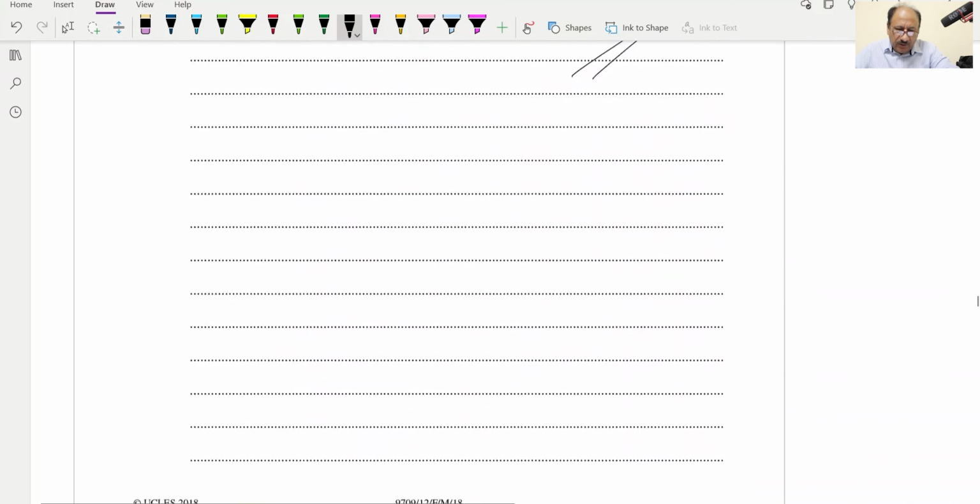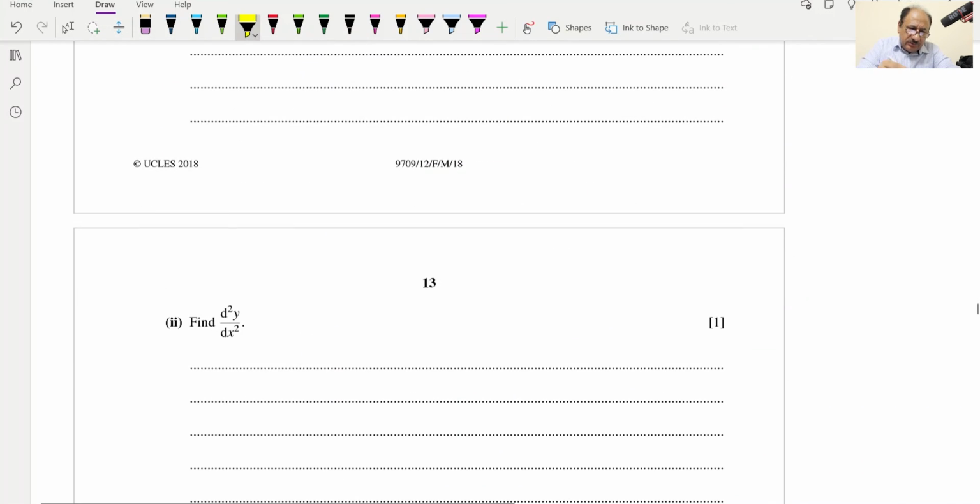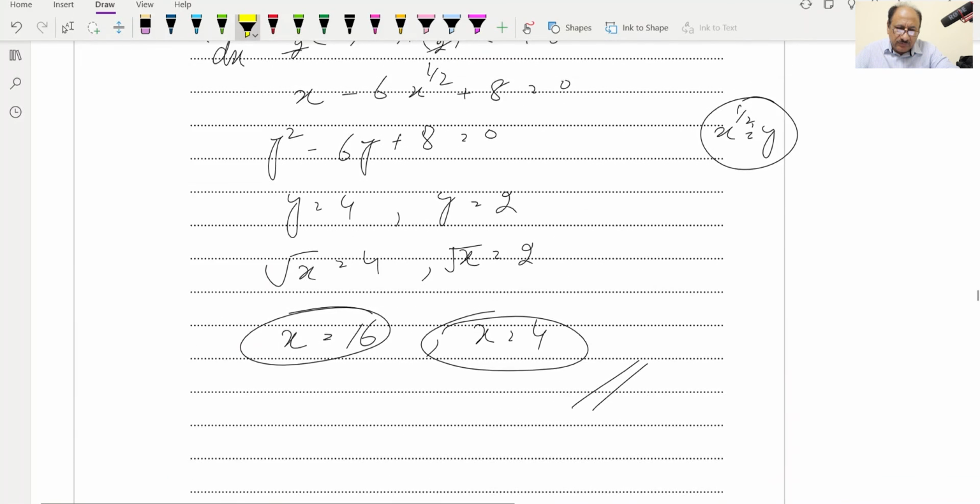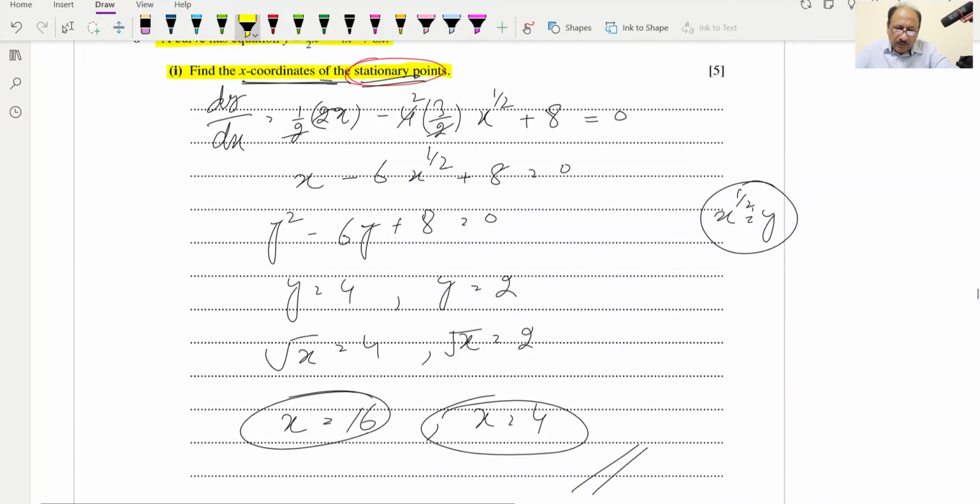Now they are saying find the second order derivative. The second order derivative will be what? We will take the first order derivative, and the first order derivative is what? First order derivative is this one, we can copy, which is x minus 6 x raised to 1 by 2 plus 8.